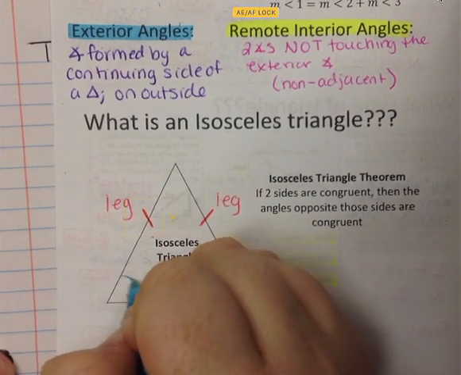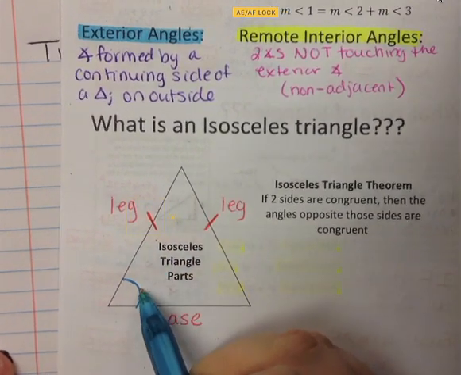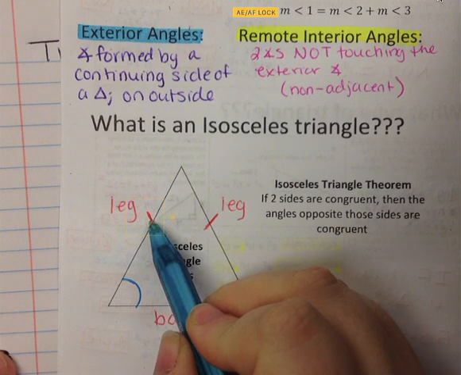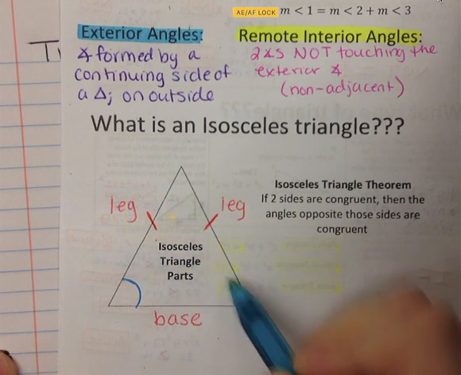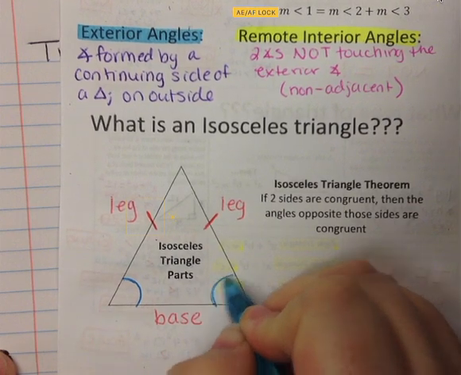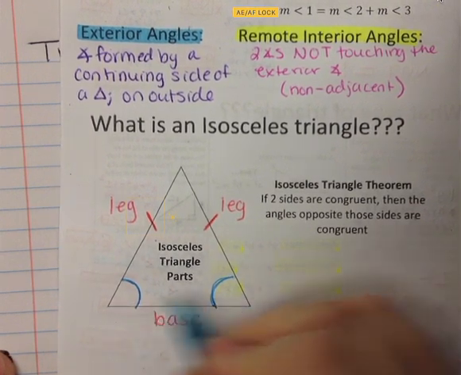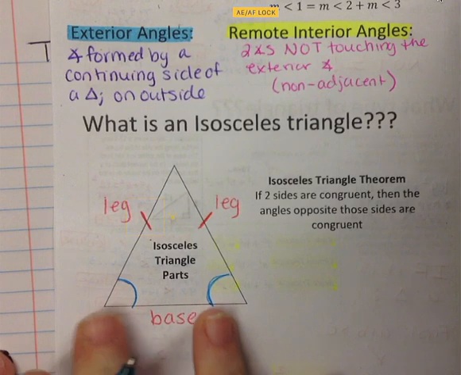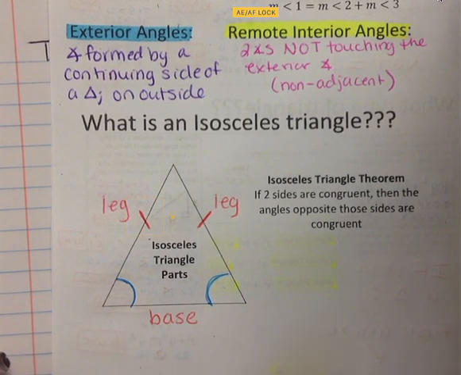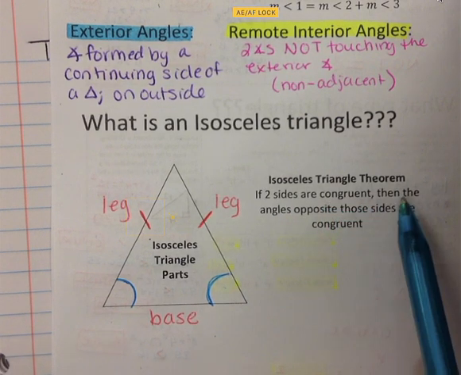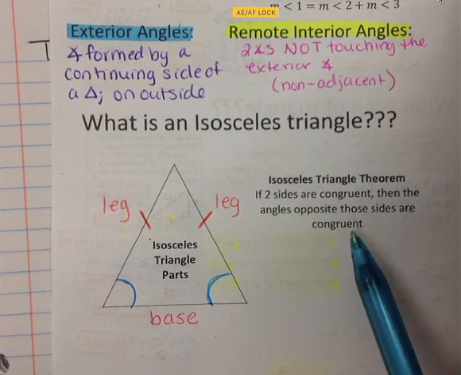So I have one arc on this angle, and if this side is congruent, go across this triangle to here, and that gives us our other congruent angle, with one arc on both of those. So we have two congruent angles.